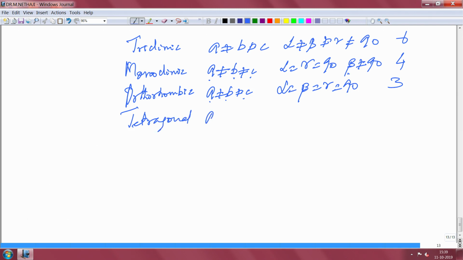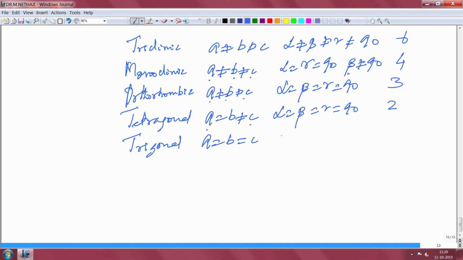Tetragonal: a = b ≠ c, alpha = beta = gamma = 90, so we need only 1 and 2 variables. Trigonal: a = b = c, alpha = beta = gamma ≠ 90.